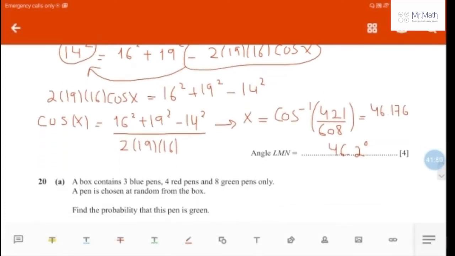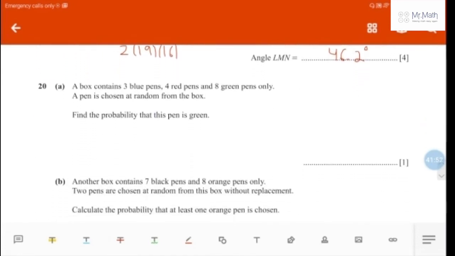So in question 20, let's start with question 20. In part A, it says a box contains 3 blue pens, 4 red pens, and 8 green pens only. A pen is chosen at random from the box. Find the probability that this pen is green.